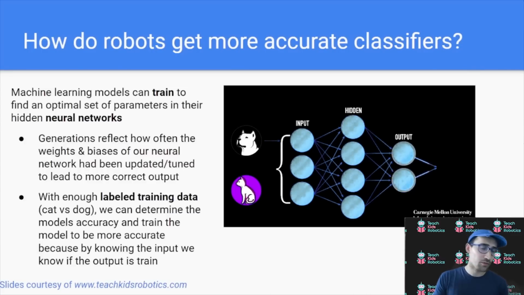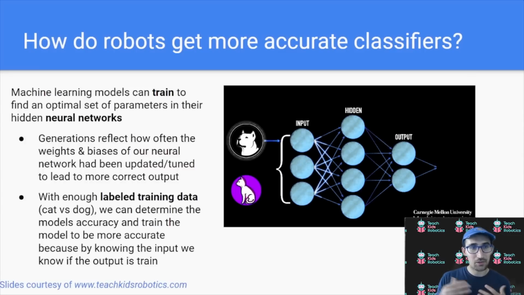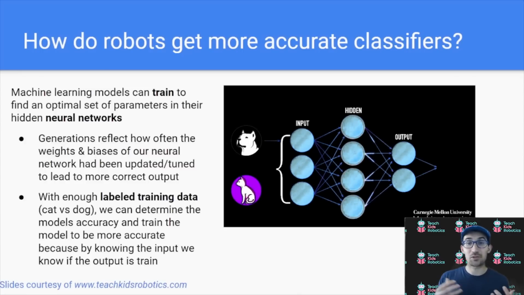If you do this over and over on multiple images on this labeled training data, where you know that this is a cat or this is a dog, eventually you really improve the accuracy of the system because it's seen enough images and it's figured out at a high level what the right properties are and the combination of properties to come up with a fairly accurate conclusion. So that's the importance of labeled training data and how these models get trained and what training means. It's really adjusting those weights and biases to come up with an accurate answer.